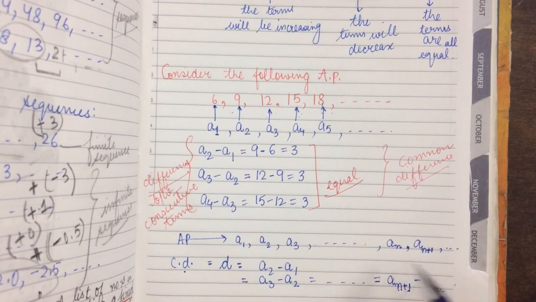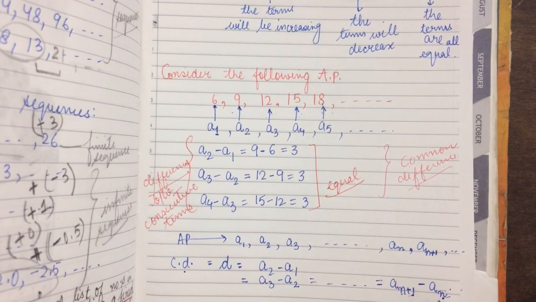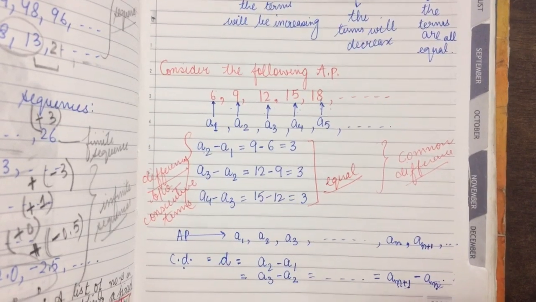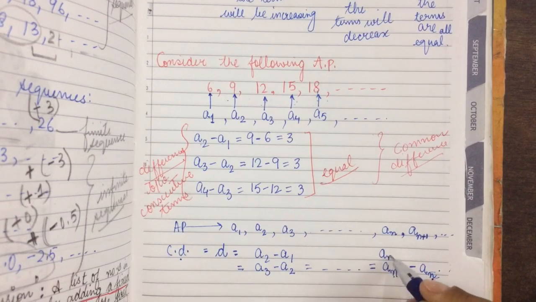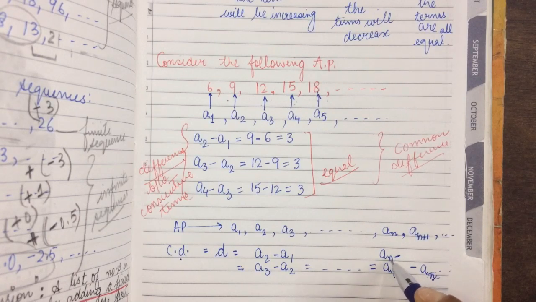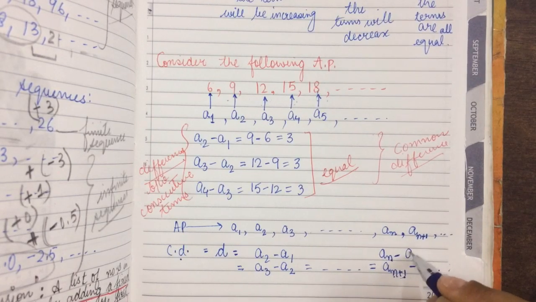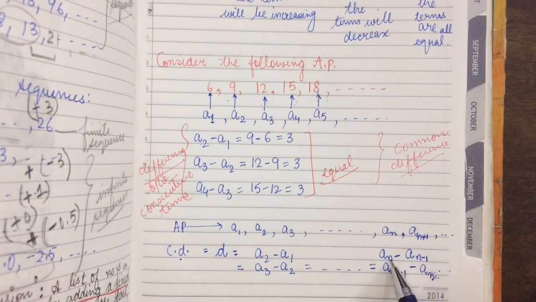So this is the general way to write it. It could also be written by taking An with its previous term. If n is the 10th position, then the previous one will be A(n-1). Remember, these are subscripts. n plus 1, n minus 1, these are all subscripts. These will be written below the normal line.